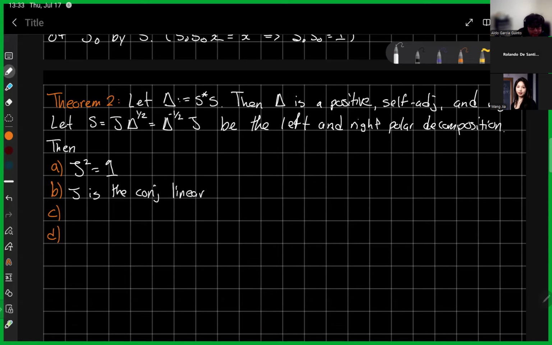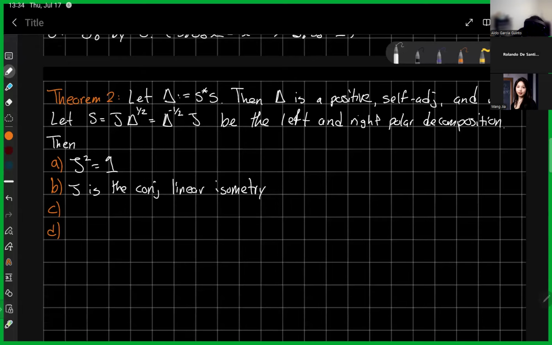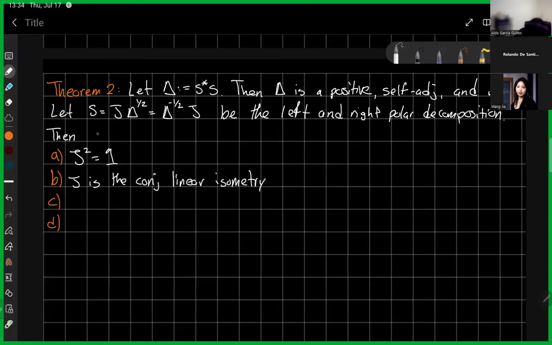So in here, the conjugate linear isometry comes from the polar decomposition. And note that this is bounded, but this one's unbounded.